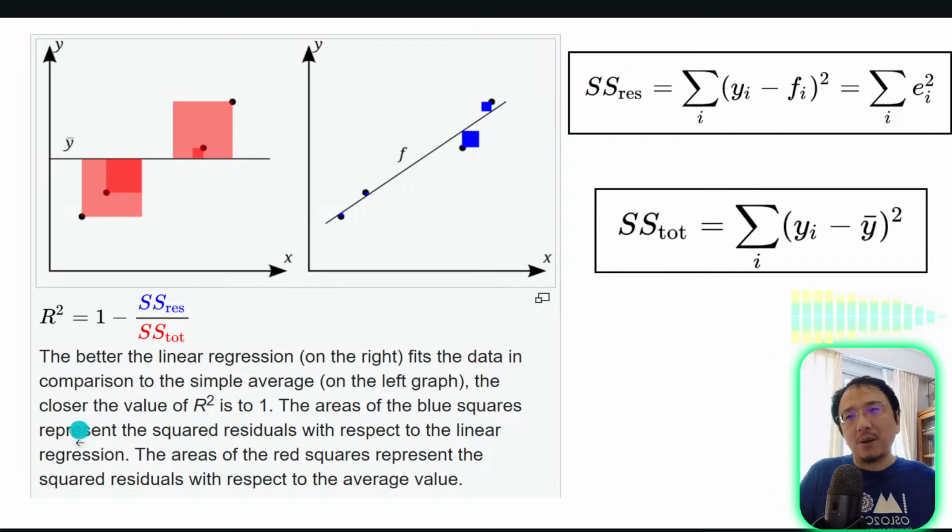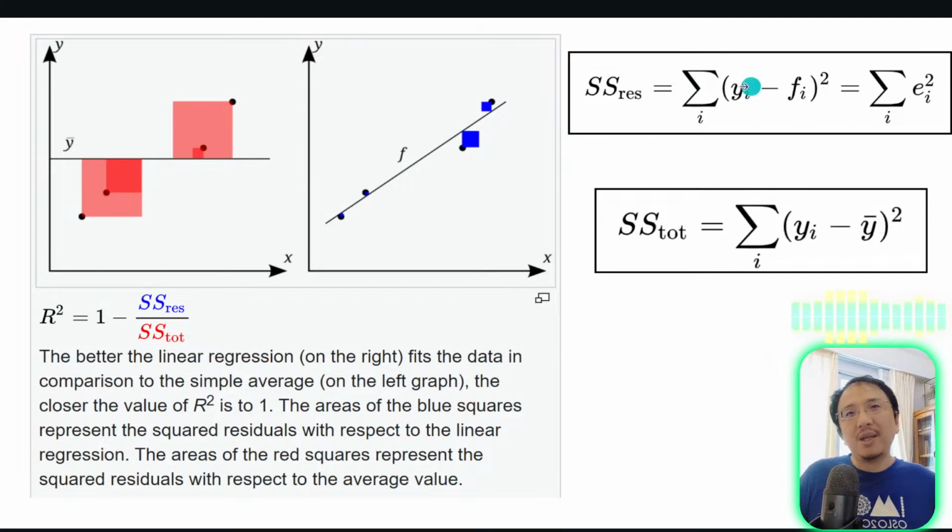This is the formula. The basic idea is to compare the baseline model and your model. This is the square error of your model. Your prediction is f(x_i), and the ground truth, the actual value, is y_i. So we compute the square error. It's called the SS residual value.